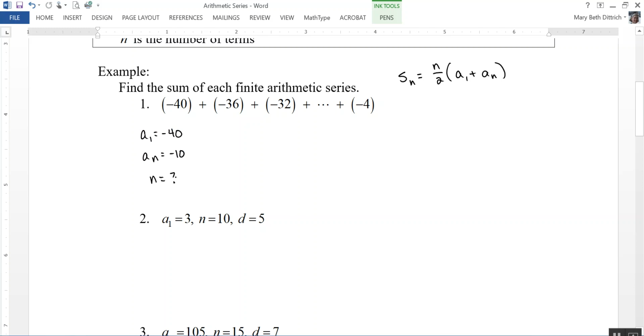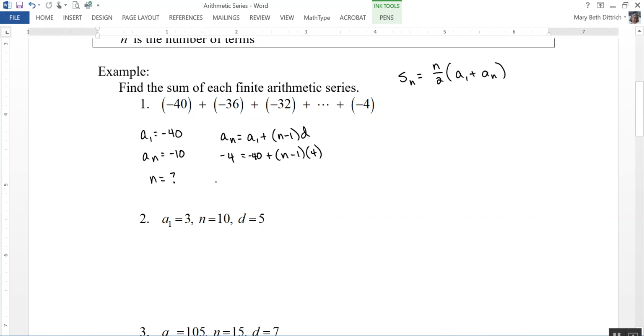I guess I could go ahead and continue writing it out, but let's use the formula that we used in an earlier video. A sub n equals a sub 1 plus n minus 1 times d. Because I do know what the nth term is, I know what the first term is, negative 40, I don't know what n is, and I know that d, my common difference, is going to be 4, because notice every time I'm adding 4.